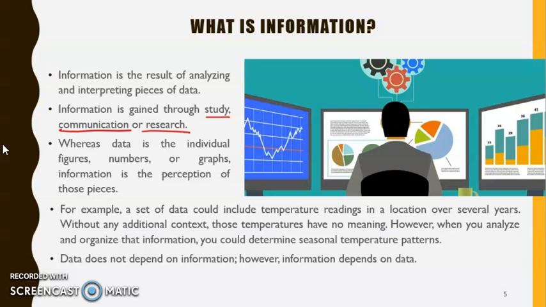You have, for example, 1,000 numbers that are temperatures of Birmingham during 50 years. By themselves, they don't have any meaning. They need some sort of intelligence, some sort of processing, some sort of analysis to create something out of them.